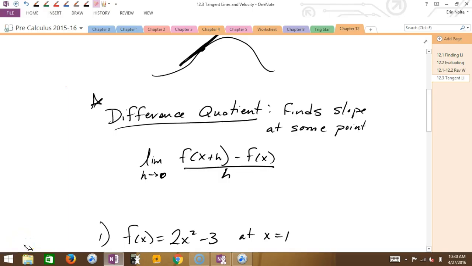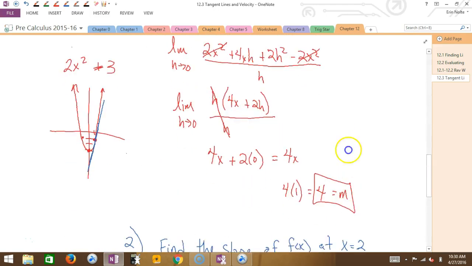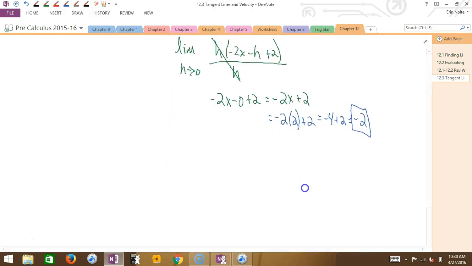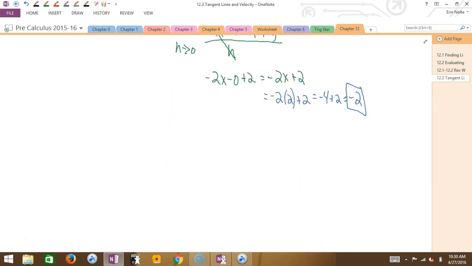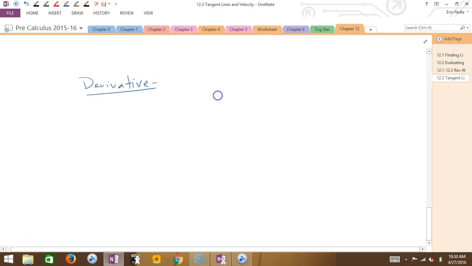Okay, so today I'm going to enter this realm of calculus. I'm going to go down here, and I'm going to talk about a derivative. Does anybody know what a derivative is?